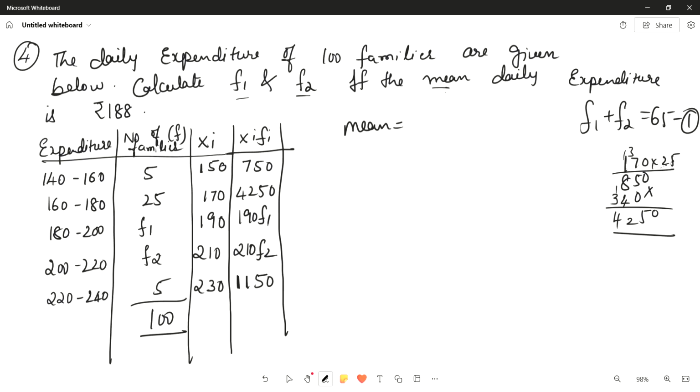Okay. So what is the mean value? Mean is equal to, by the direct mean method, sigma fi into xi by sigma fi. Okay, so the mean value he has given, that is 188. Sigma fi into xi, how much we will get?